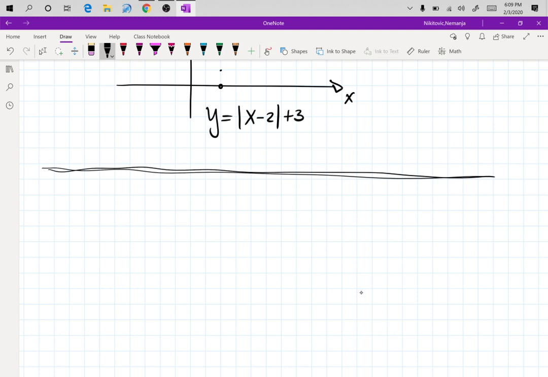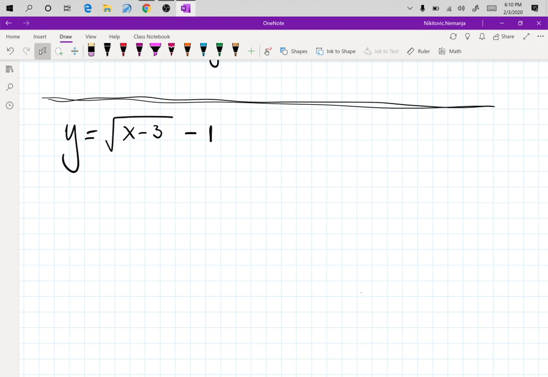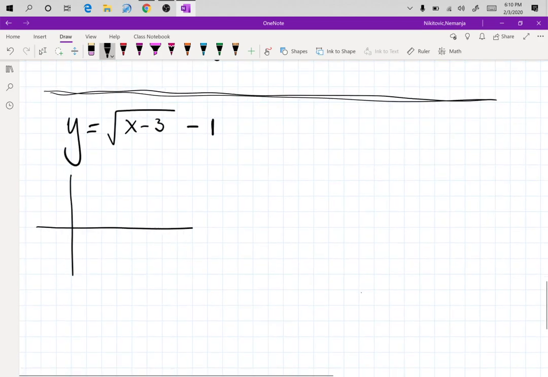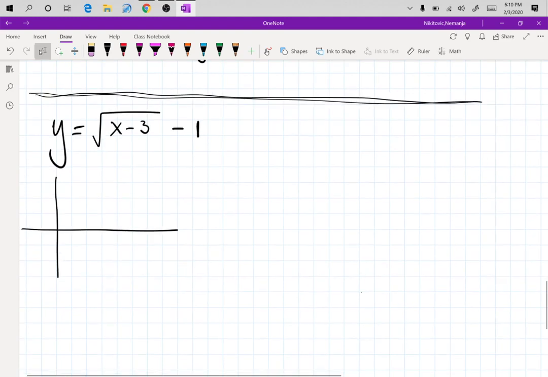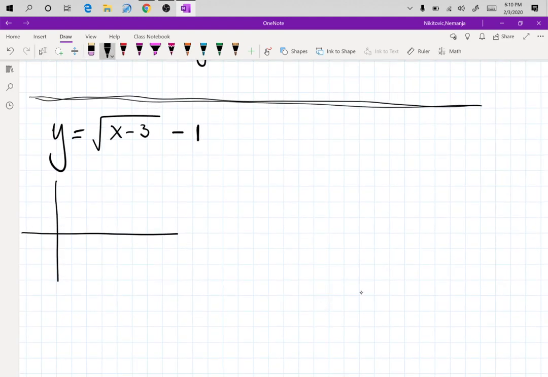So let's go with y equals square root of x minus 3, minus 1. So we have 2 transformations. That means you will draw 3 graphs: the basic parent graph on the first, and then 2 graphs where it evolves, the third graph being the last.